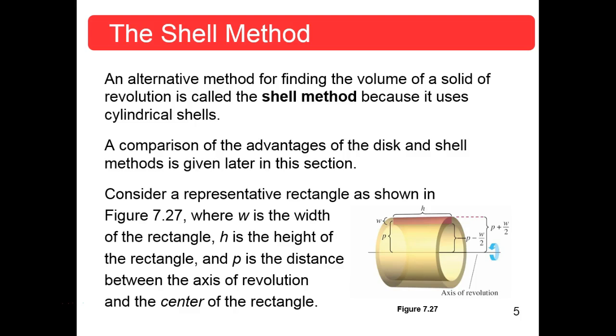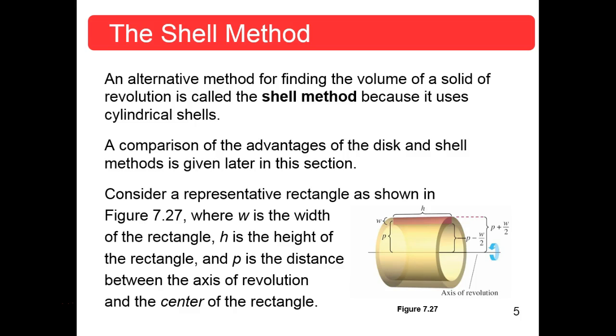Later, that's going to be our dy, dx, whatever, depending on the orientation of this. And the height is the length of that rectangle. I would have thought of calling that the height with it lying down like this, but I guess that would be fine. And p is the distance between the axis of revolution and the center of the rectangle. That's sort of like our radius.